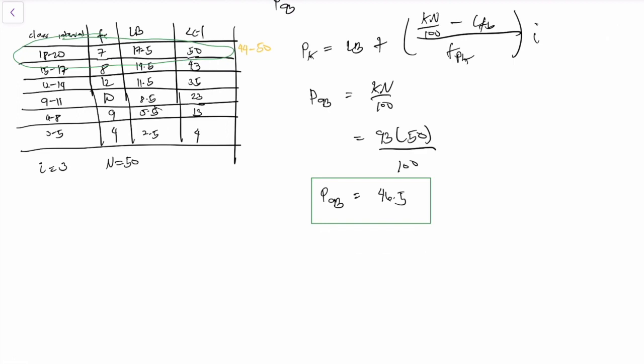So let us extract the needed data. We need LB, which is equal to 17.5, and we also need the frequency of the P93, which is equal to 7, and we will be needing the cumulative frequency before the P93, which is equal to 43 here.